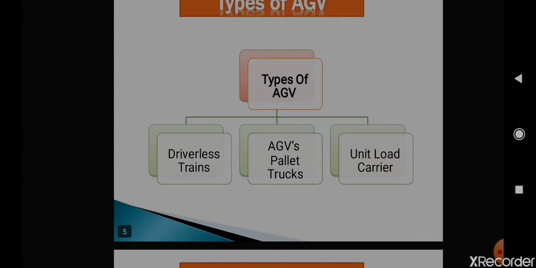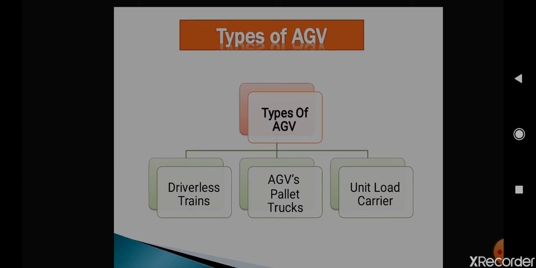Types of AGV. As I told you, this AGV is not mentioned in your syllabus actually, but how these are used in a flexible manufacturing system is very important to understand. The understanding of flexible manufacturing system is very simple. A lot of automation will be involved in the flexible manufacturing system, and these AGVs and ASRS will be controlled by the computer interface.